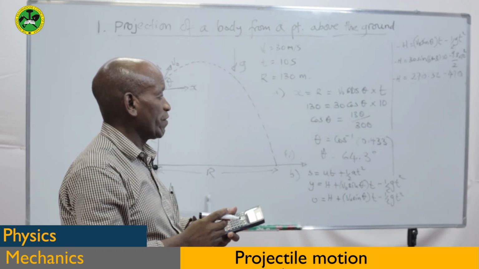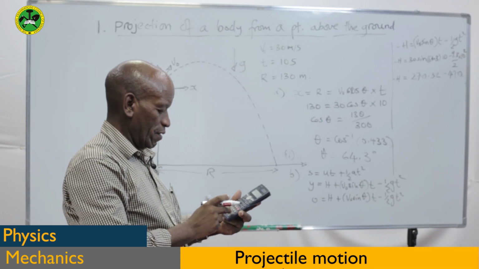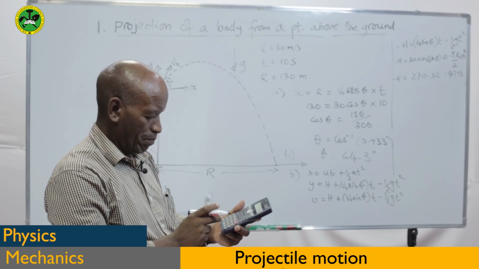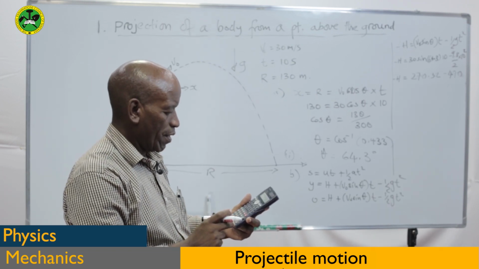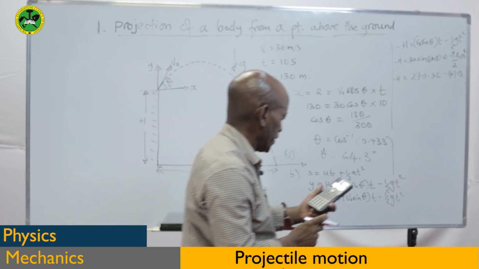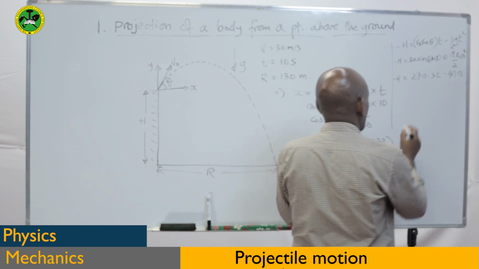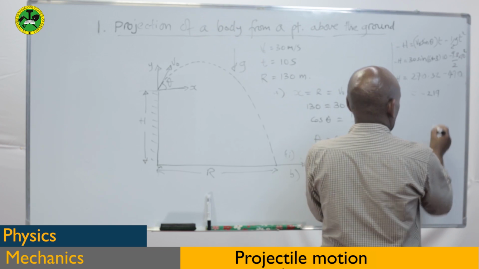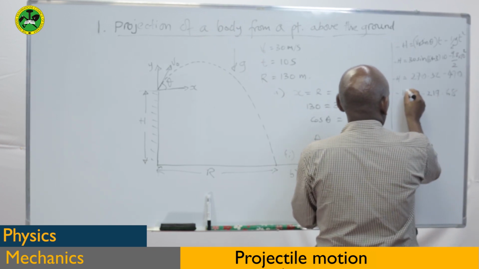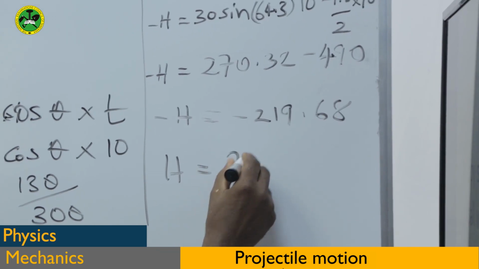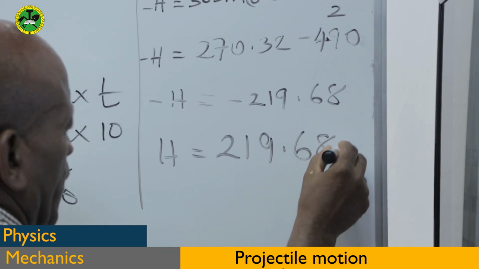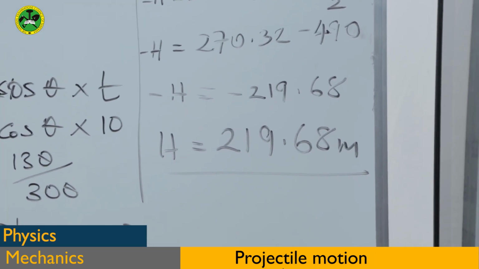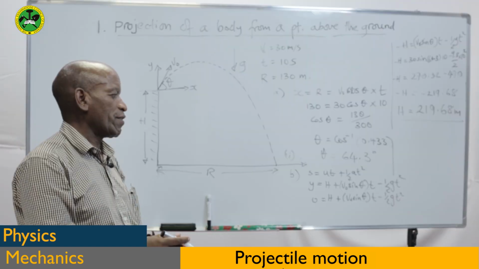So if we take 270.32 minus 490, you are going to get negative 219.68. This is minus h. So the height is 219.68 meters. So the height of the building is 219.68 meters. That is part B.